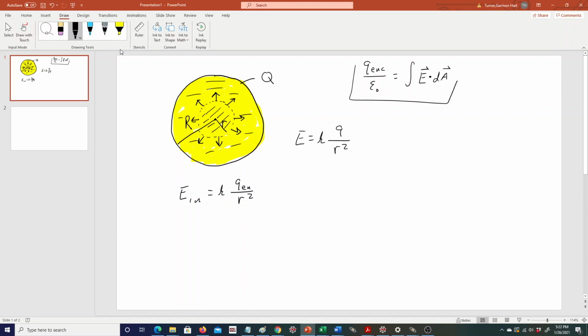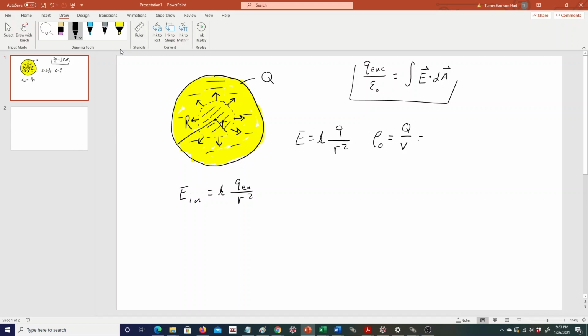Our charge density, rho naught, is equal to, originally calculated from the entire sphere's charge, capital Q, divided by the volume of the entire sphere. Okay?